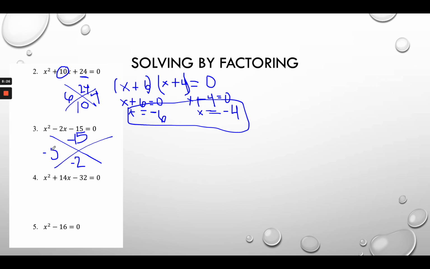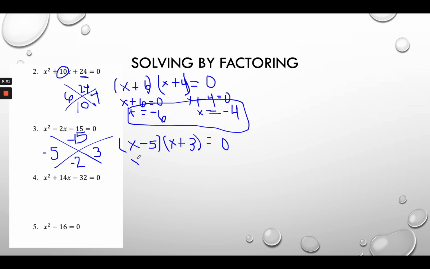So -5 times 3, let's try that. -5 times 3 is -15, and -5 plus 3 is -2. So when we write this in, since this is a -5, we put x minus 5 times x plus 3 equals 0. Okay? If you want, you can write it out. x minus 5 equals 0, x plus 3 equals 0.